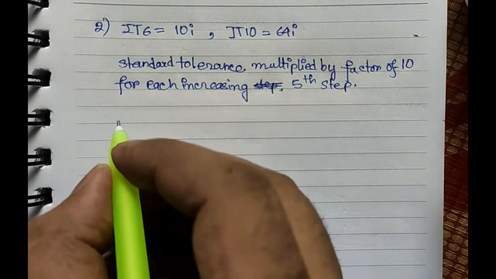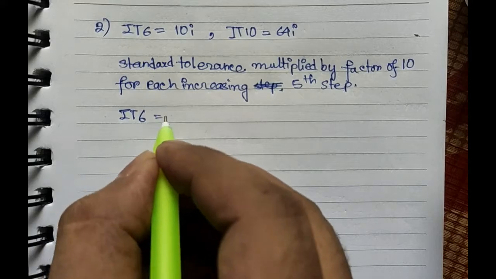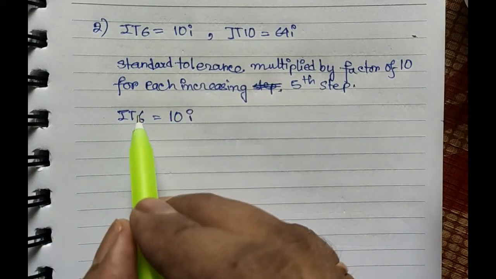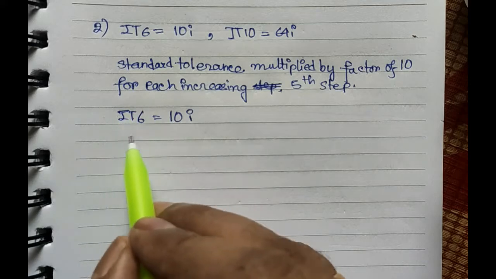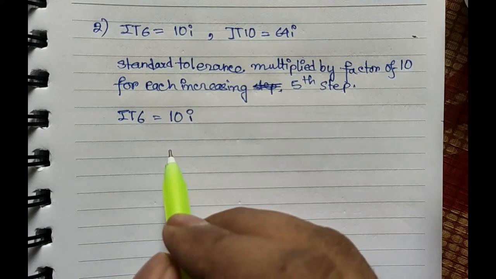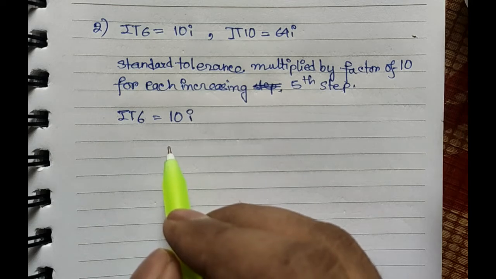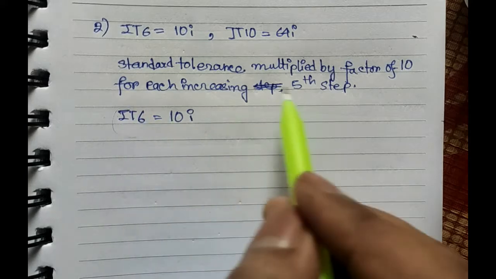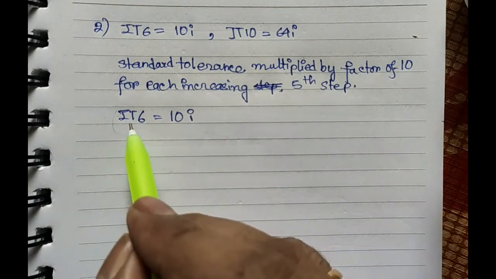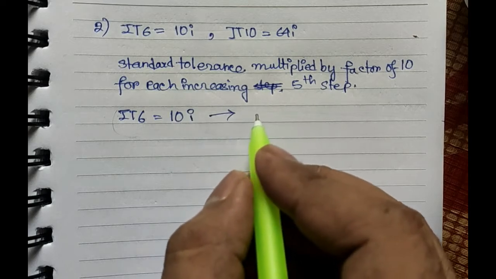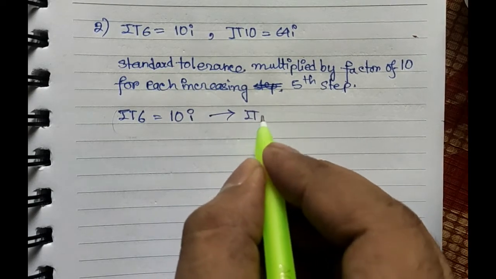So if IT6 equals 10i, then the standard tolerance grade IT6 becomes more as it increases by the fifth step, 5 steps, so it will become IT11.